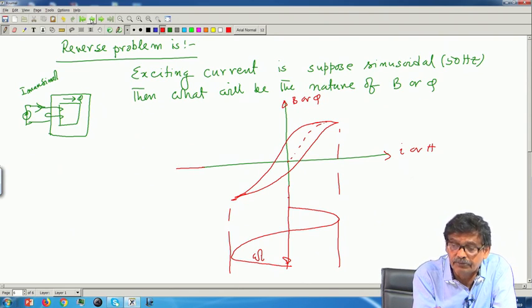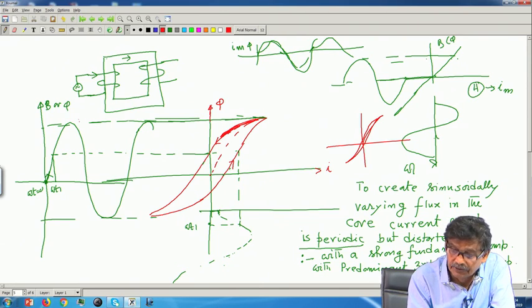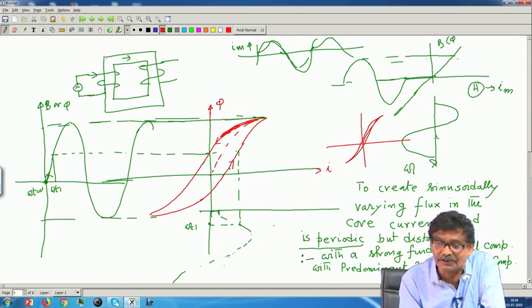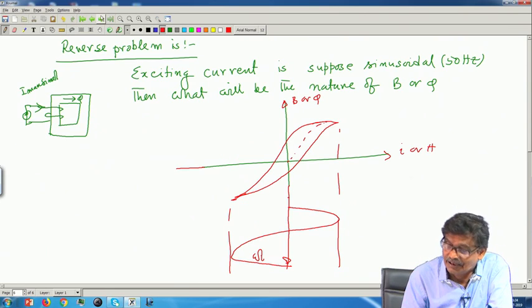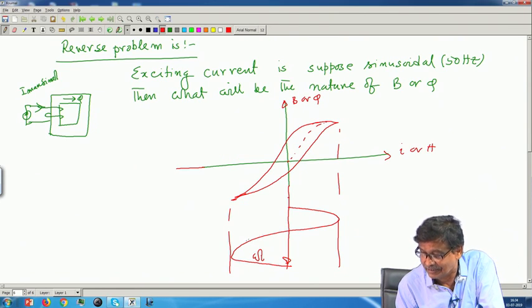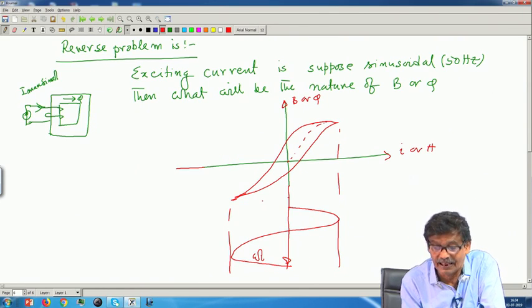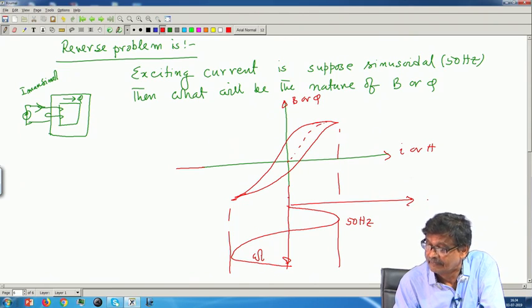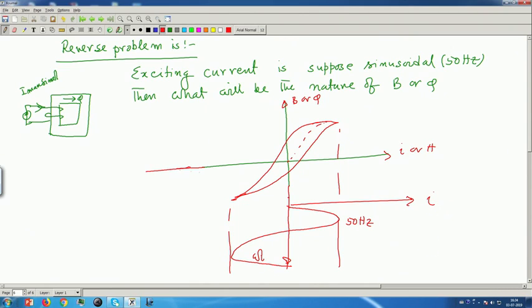In the previous case, if you want to create B sinusoidal, the current is distorted. In the same way, if you pass a 50 hertz current, what is this axis? I. Then the flux which will be produced, once again I will sketch it.